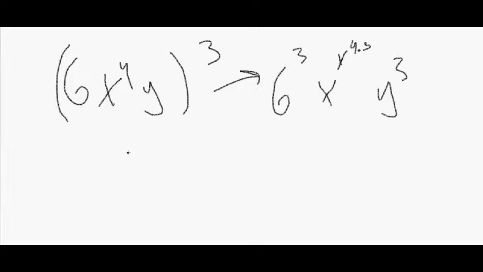That's basically what we're doing. 6 times 6 is 36, and 36 times 6 is 216. So that's 216. 4 times 3 is 12, and this is y cubed. That's how you would do that.